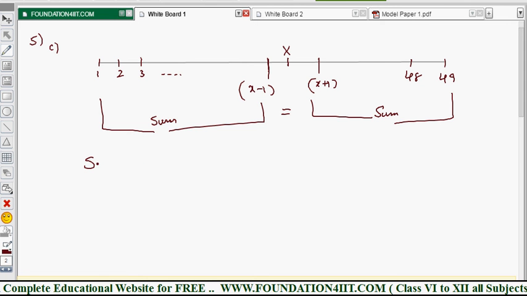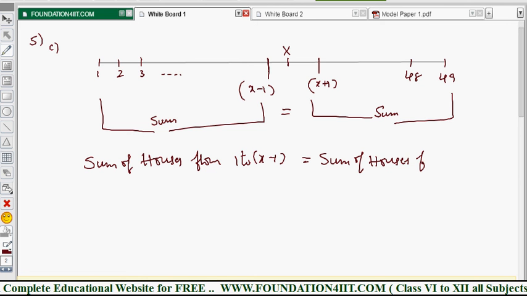The sum of houses from 1 to x minus 1 is equal to the sum of the house numbers from x plus 1 to 49.